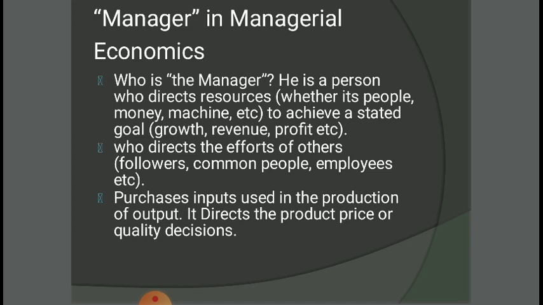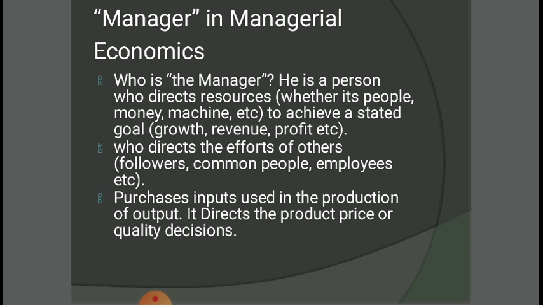Why is he collecting the resources? Because he wants to convert these resources into a final output, and in that way he wants to earn profit. That earning profit will become the goal of the manager. Secondly, it is written that he directs the efforts of followers, common people, employees, etc. In your principles of management, you learned that the definition of management is about getting things done through the people.